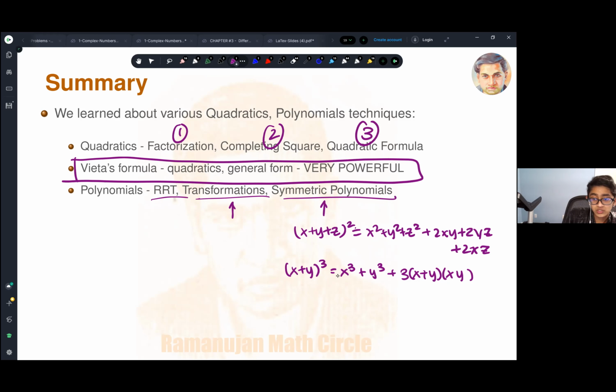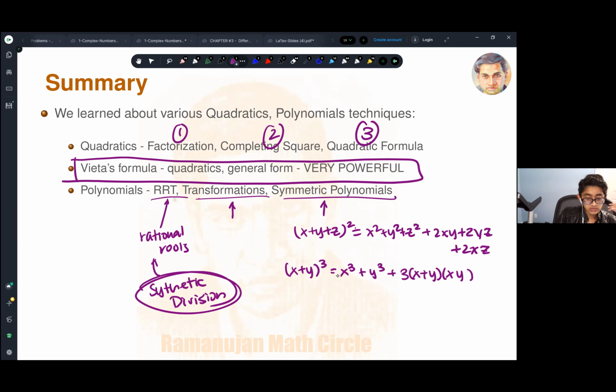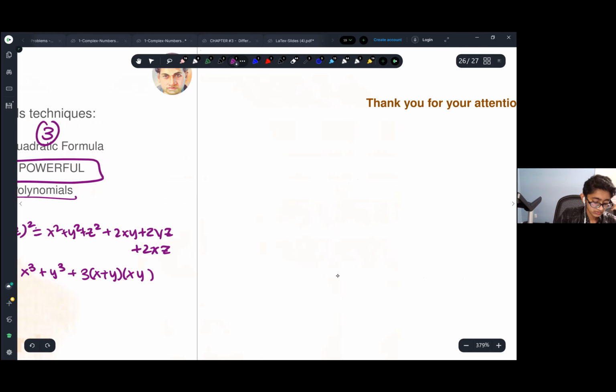So I would recommend also to search up any interesting identities that you may find. And then the rational root theorem is obviously very useful when it comes to finding rational roots, as the name states. But in that process, we also apply synthetic division, which saves a lot of time compared to doing the entire long division. So that's about it with polynomials, and thank you for your attention.